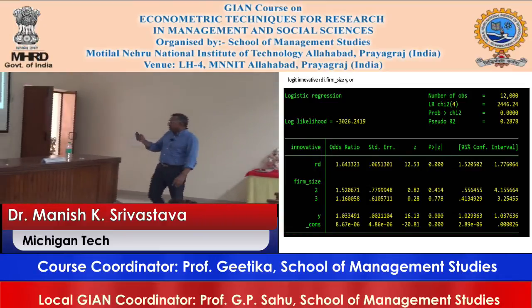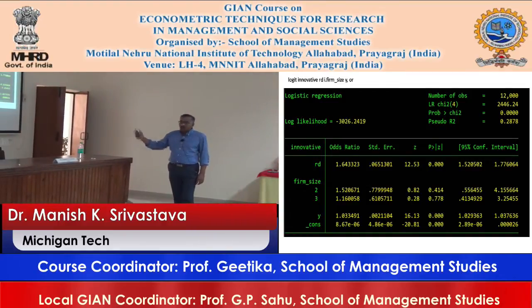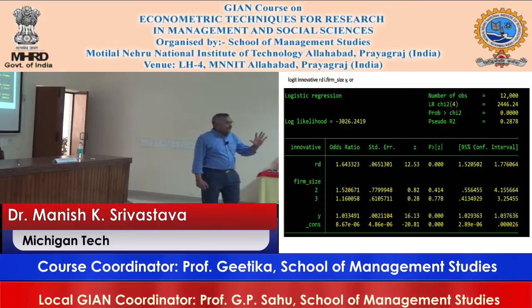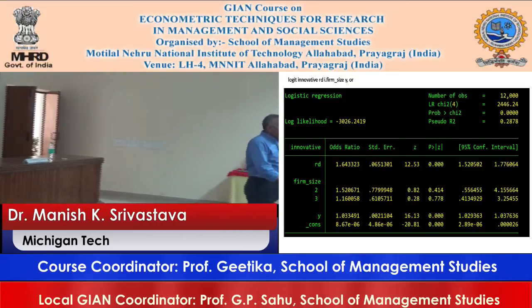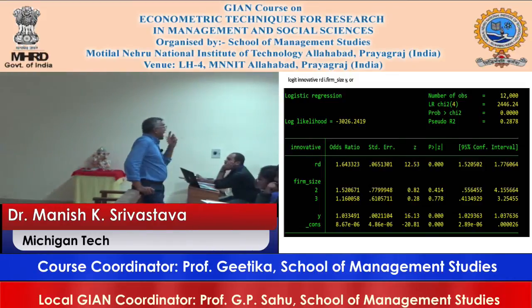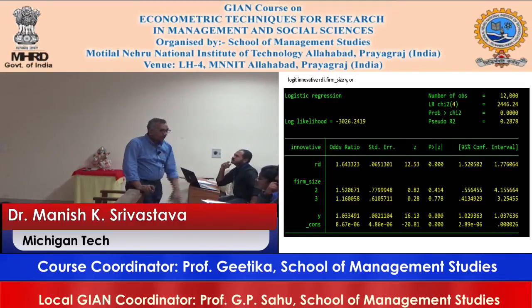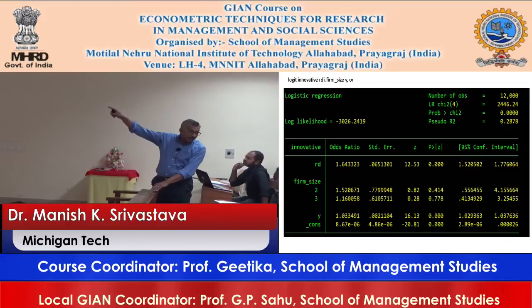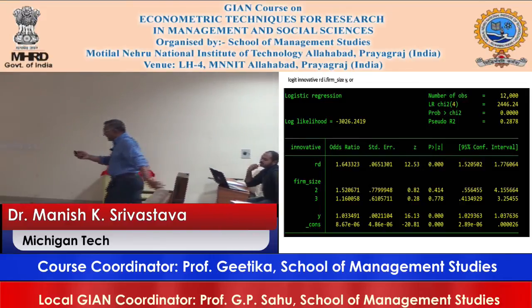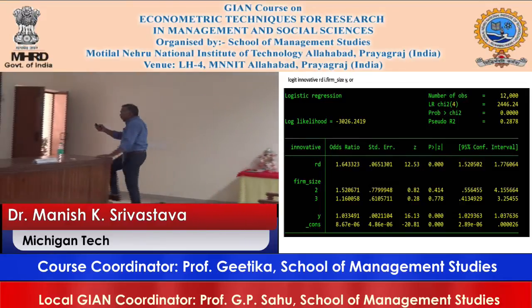But the command here is asking us to report the odds ratio. So these numbers are now being reported as the e to the power b part. So now you can directly interpret the impact of a 1 unit change.